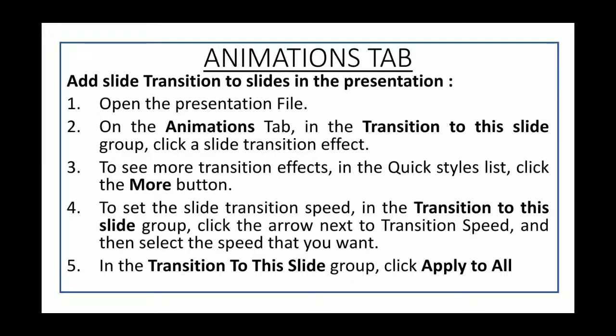Next, to set the slide transition speed, in the Transition to This Slide group, click the arrow next to Transition Speed and then select the speed that you want. The speeds range from very slow, medium, fast, to very fast. Whichever you want, you can select from that.